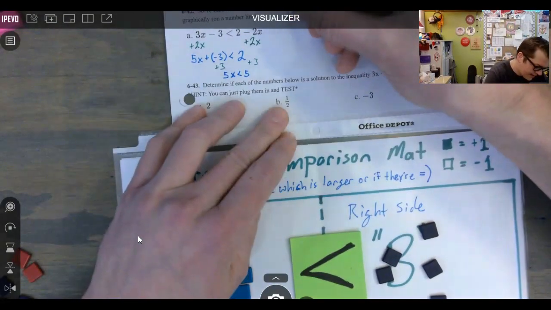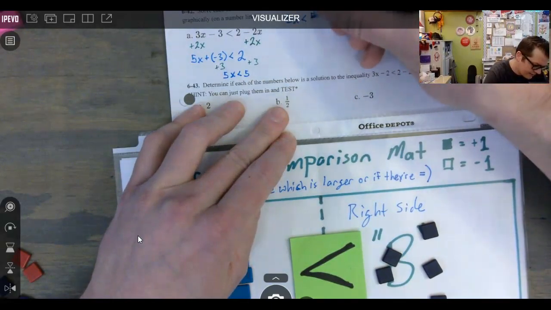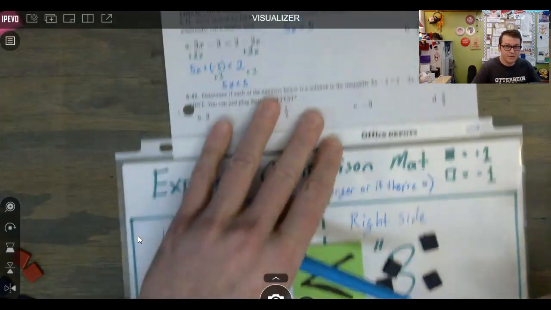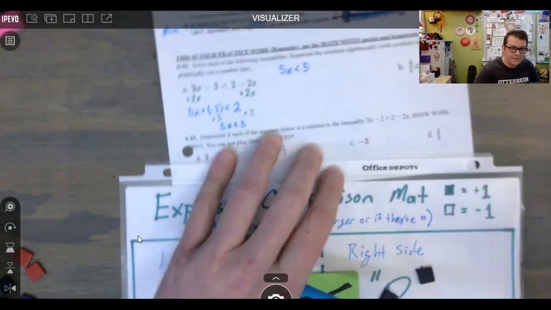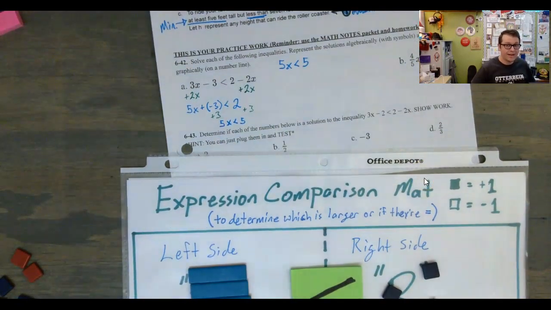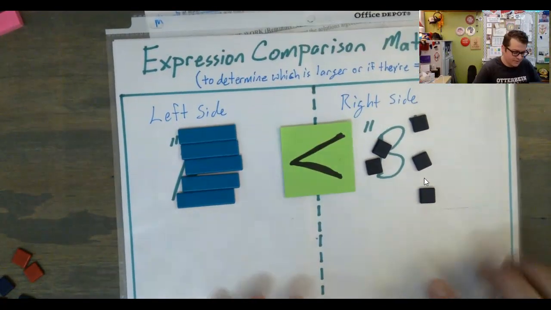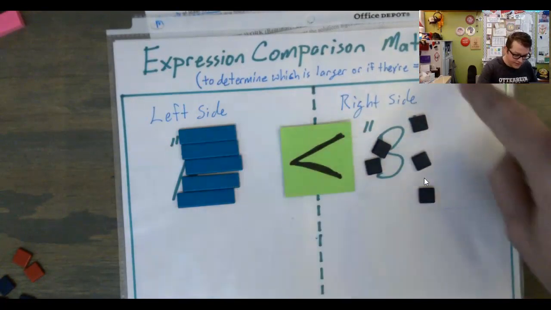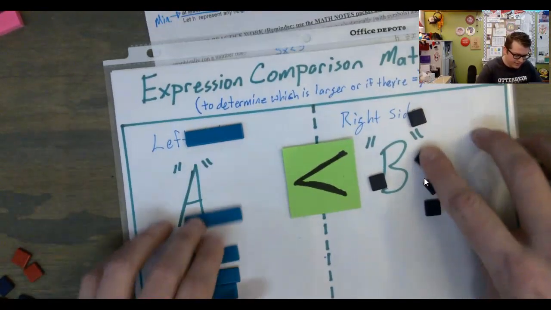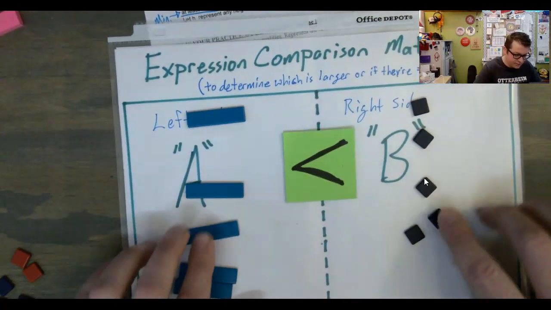Well, guys, if 5x is less than 5, what could we do to get back to a single x? Well, guys, I can do anything, right? Anything I want. This side has 5. This side has 5. Can't I just divide? If I divide by 5, I literally split this into 5 groups.